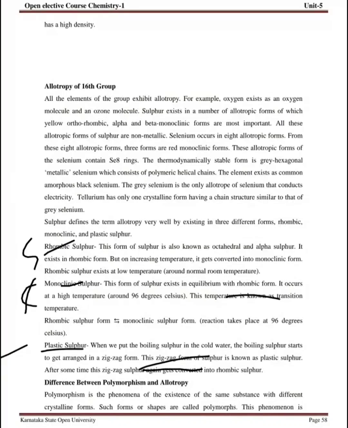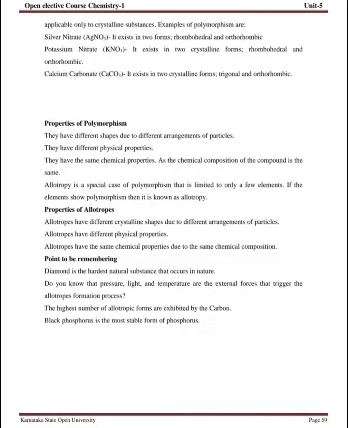The next topic is the difference between polymorphism and allotropy. Polymorphism is the same substance with different crystalline forms. For example, silver nitrate, potassium nitrate, and calcium carbonate all have different crystalline forms.